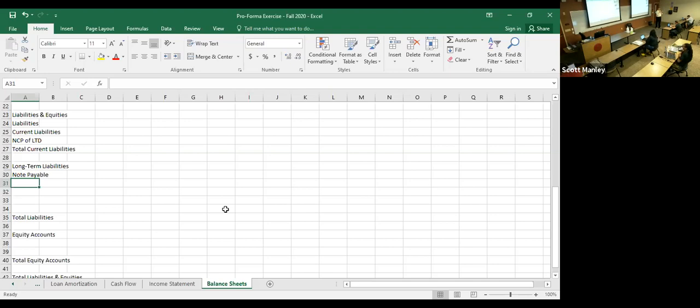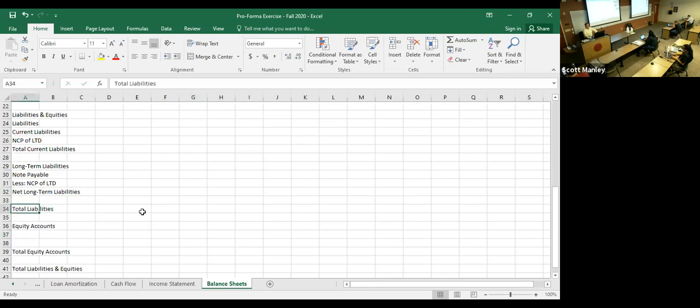So our net long-term liability is going to be our note payable less, you can abbreviate this, NCP of LTD. And remember, since we're saying less or minus, that's going to be net long-term liabilities. Okay?